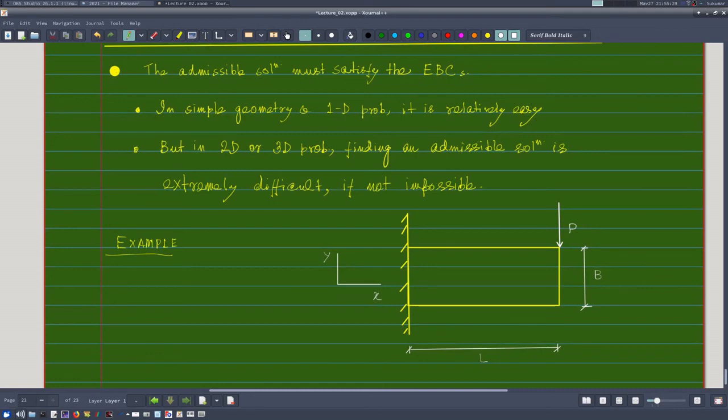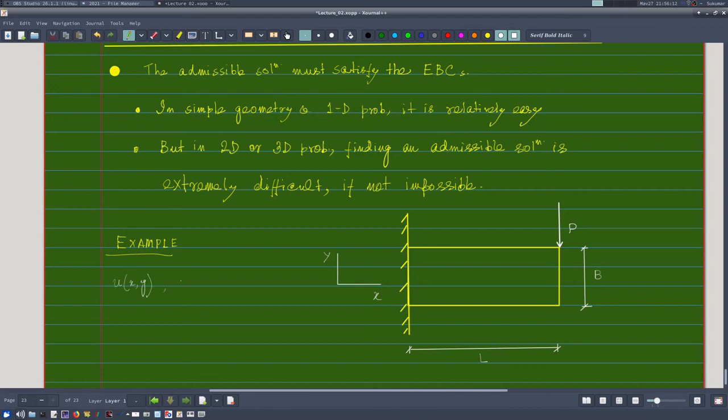For example, let us consider this rectangular plate. It is a plate, a 2D body. It is fixed at the left end and loaded by a point load at the top corner at the end, and say its length is L and its width is B. Now if I take this as my x direction and this as my y direction, then I know that u is a function of x and y.